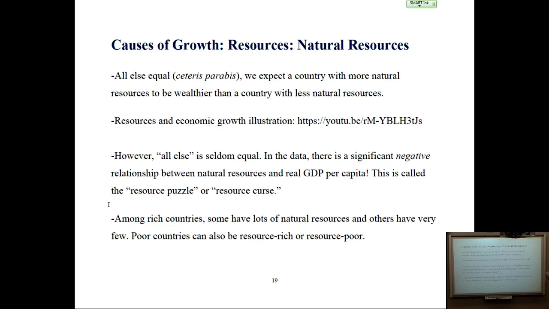So when we see a country with high natural resources, what it usually seems to go along with is a lower rather than higher real GDP per capita. That's really counterintuitive. It got this name, the resource puzzle, or in some other books, the resource curse.